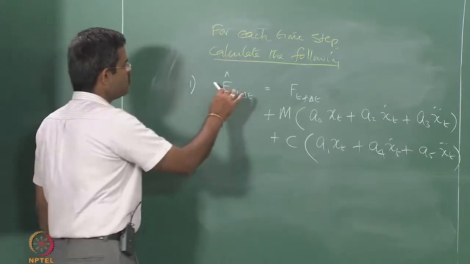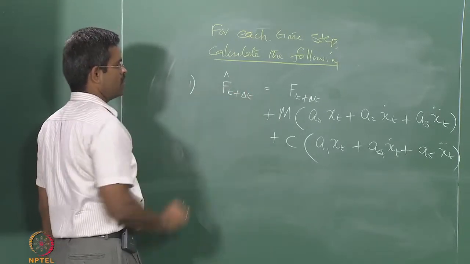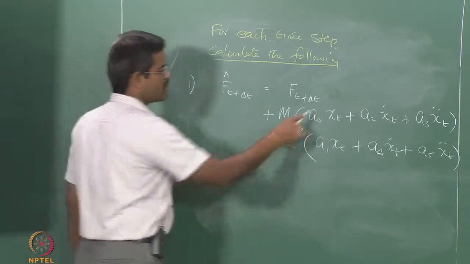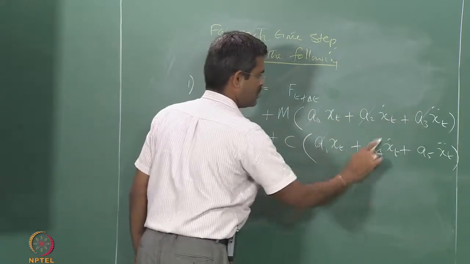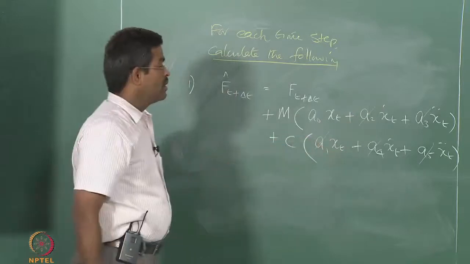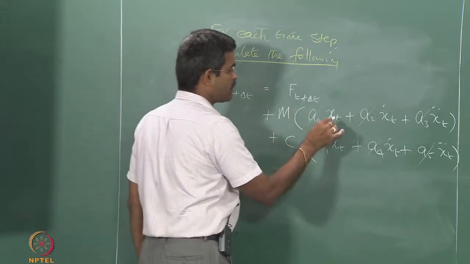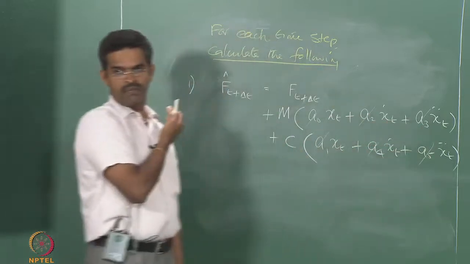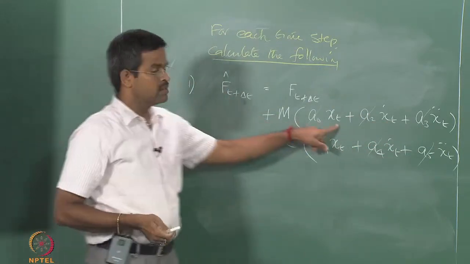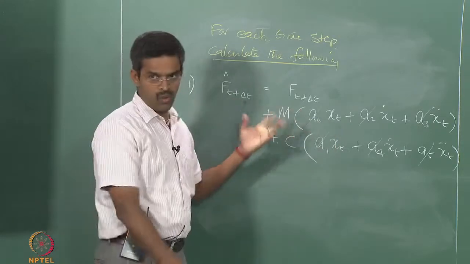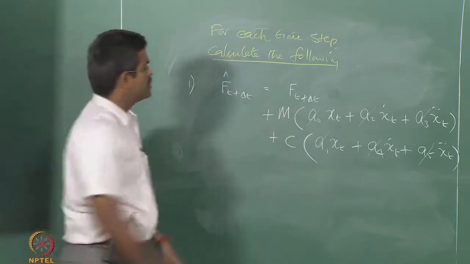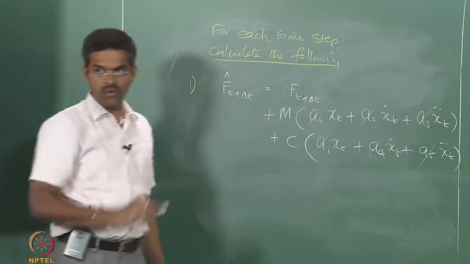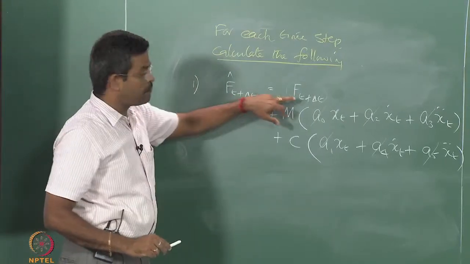Now, to compute a new revised force vector, you have to have these constants available to you, which are known to me. You should also have the values of response, displacement, velocity and acceleration at the previous time step, because this is t plus delta t, this is t. So, this I will know. The one which I will not know is this, because I want the force at the new time step of t plus delta t.